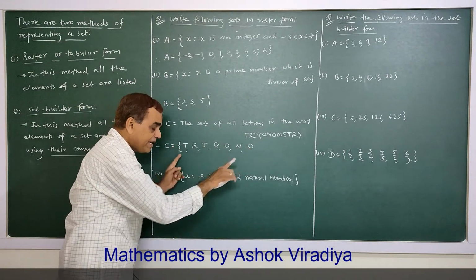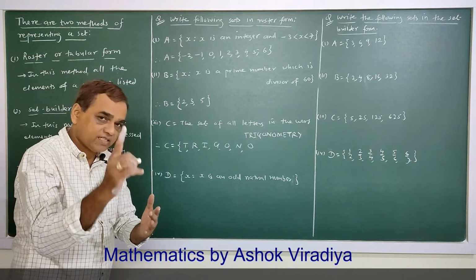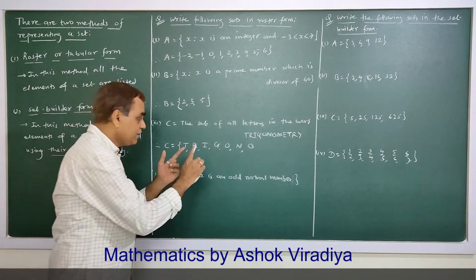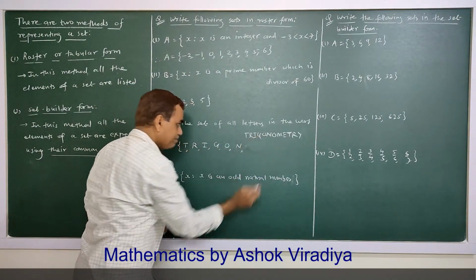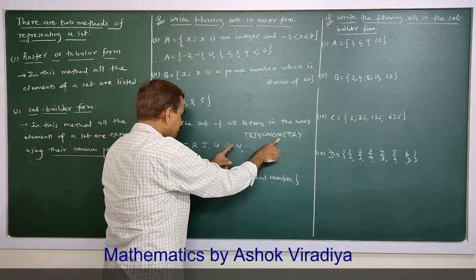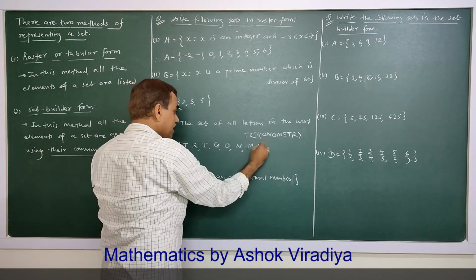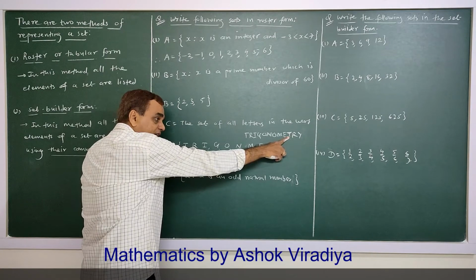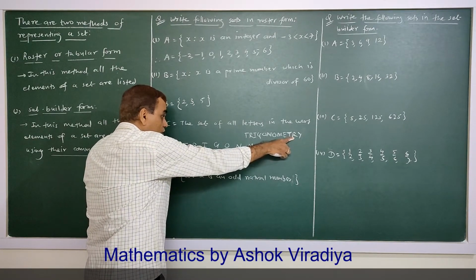In a list of elements, every element we put once, one and only one time. We do not show repetition here. So once O is written, don't repeat it. M, still M is not included, so put M here. E, there is no E, so E is allowed. T, already T is taken, so don't repeat. R, already R is taken, so don't repeat.